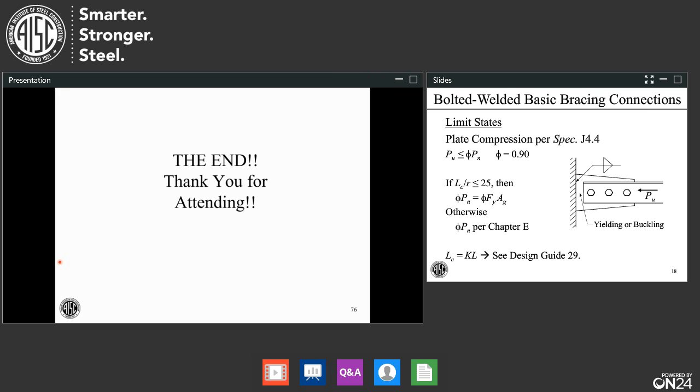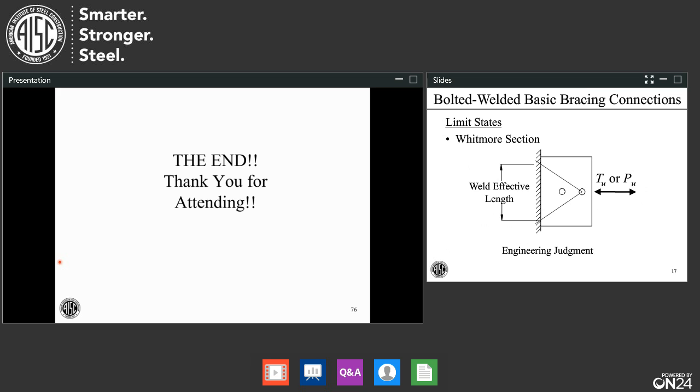Okay. All right. I'm going to go to, well, first go back a slide. So you talked about using the Whitmore section concept to establish a weld effective length on this slide, and then you applied that to an example problem that had a welded connection between the gusset and the support.